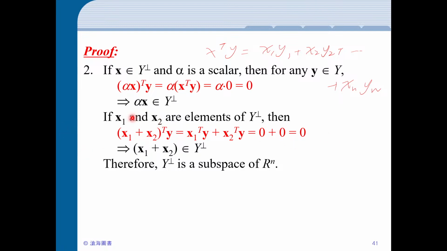So we also have closure under addition, because x1 plus x2 is also orthogonal to everything in Y, and it's inside Y dual. We have closure under multiplication and closure under addition, and so this Y dual is a subspace.